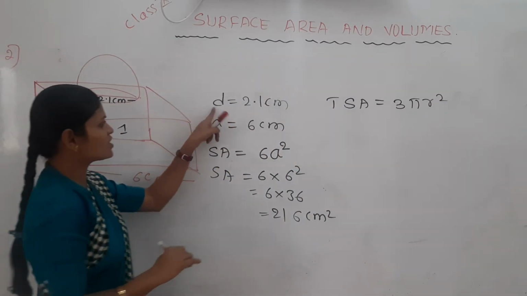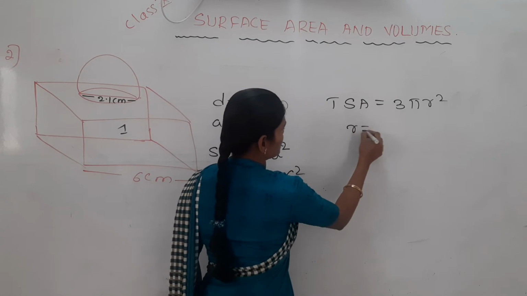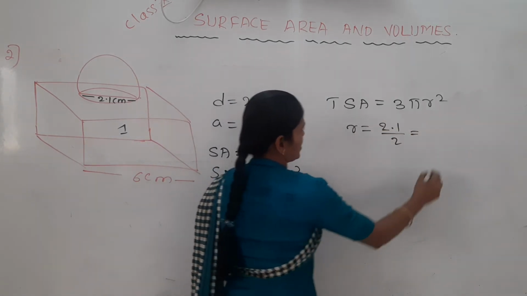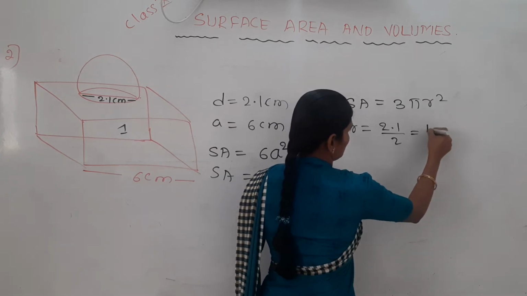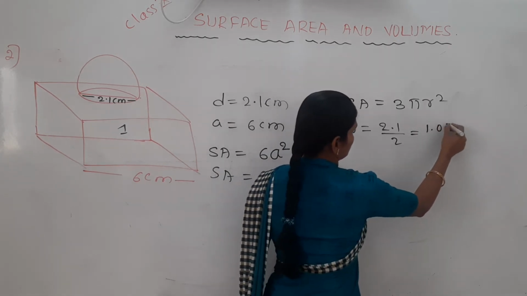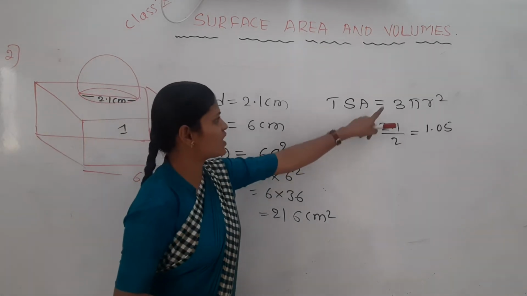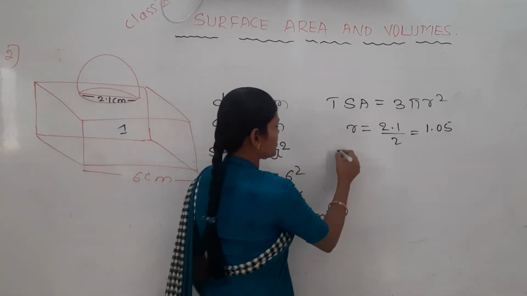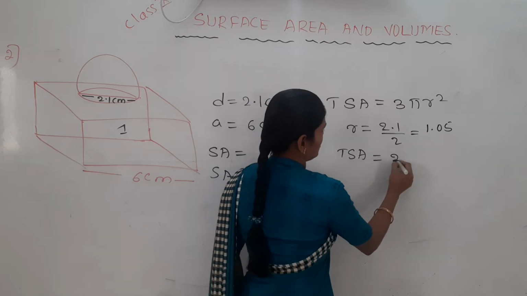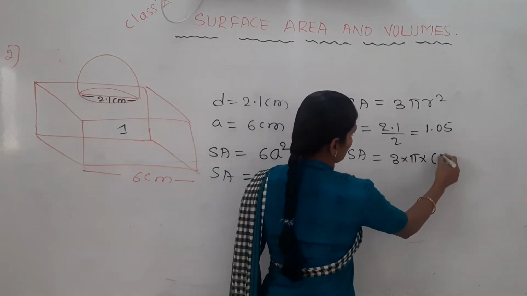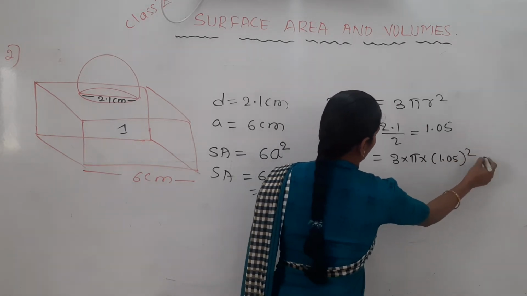If the diameter is 2.1, then the radius is 2.1 divided by 2, which is 1.05. If you put this radius, you will get the total surface area: 3 into 22 by 7 into r square, 1.05 square.